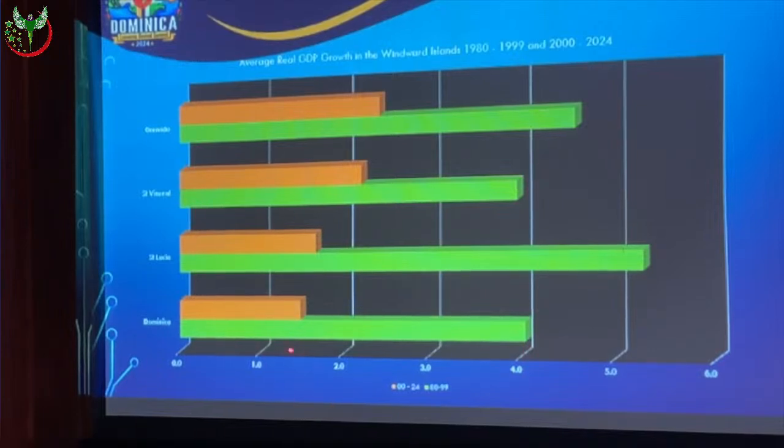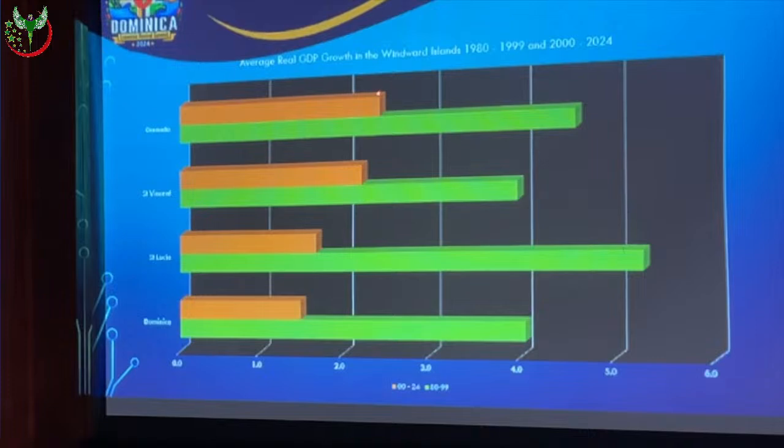Grenada has the highest, but there's nothing to write about because they're now only at about 2.4% on average. Okay? So Grenada about 2.4%, St. Vincent closely behind, just about 2.1%, St. Lucia 1.8%, and Dominica about 1.5%.